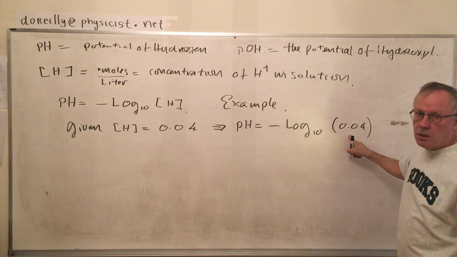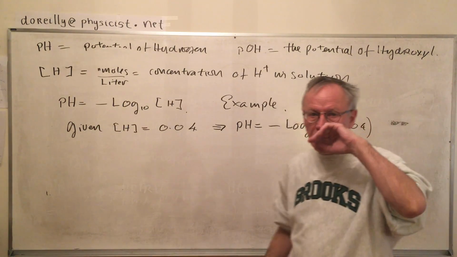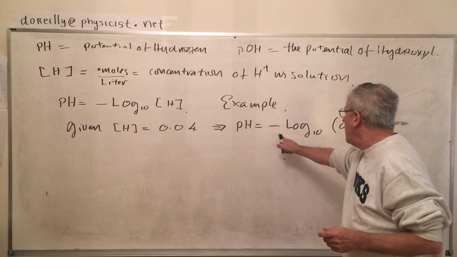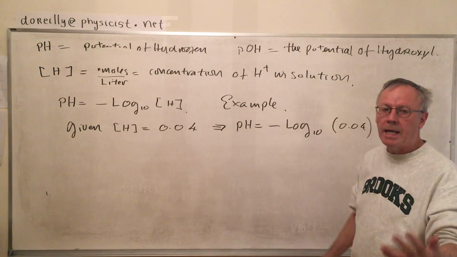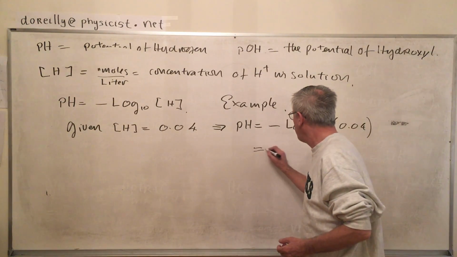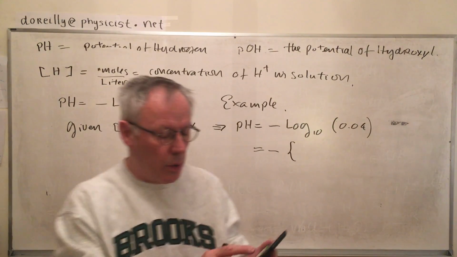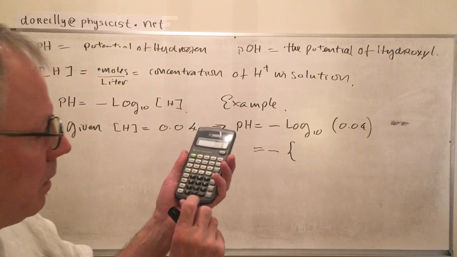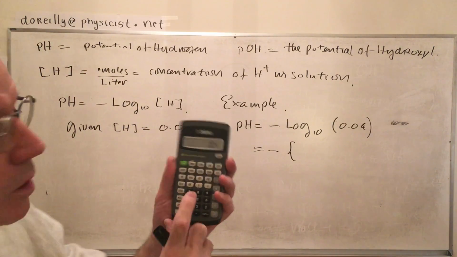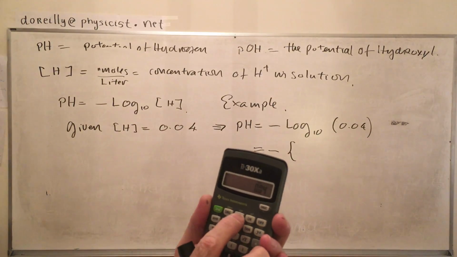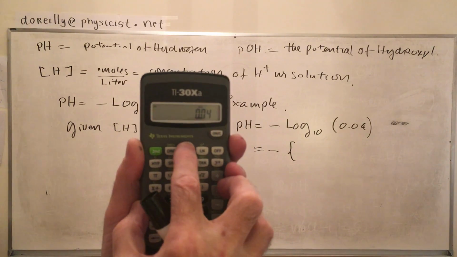Now when you have a decimal, you're going to get a negative log, okay? Anything less than 1 is a negative logarithm, so we have a negative sign here to make sure that our answer is going to be positive. So for that we'll use our calculator. I actually happen to know what it is, but you guys don't. So I go 0.04 in the calculator, and press log.